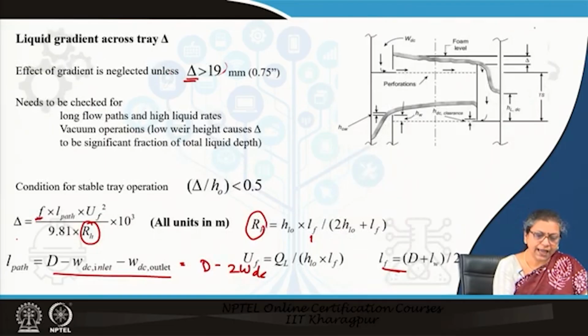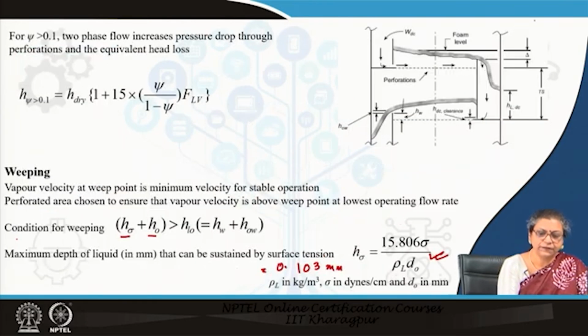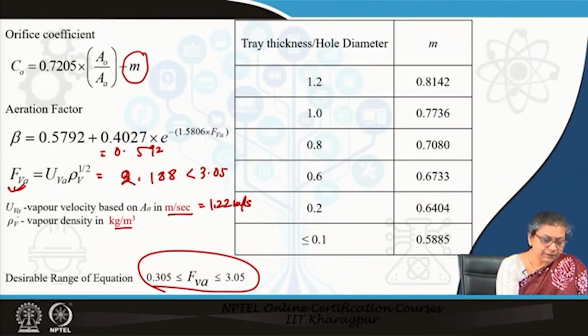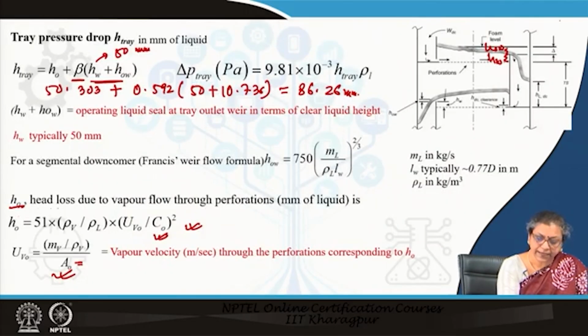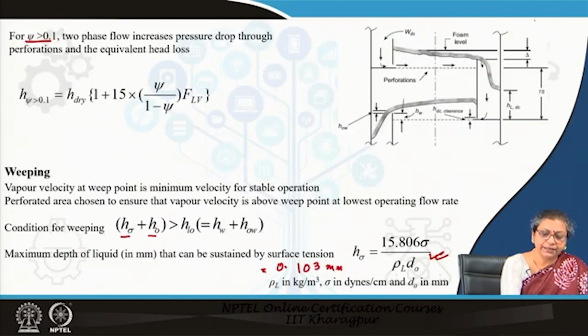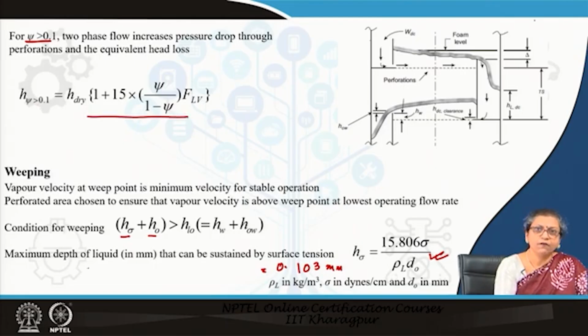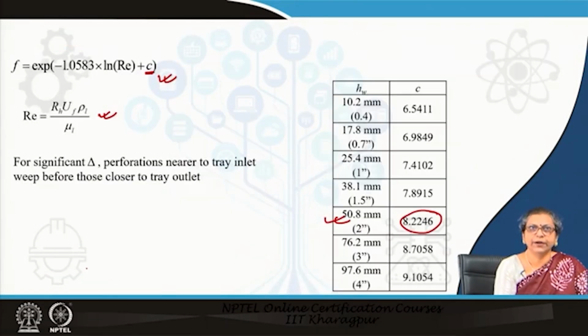One small thing I had missed, I would just like to mention that if your entrainment factor had been greater than 0.1, then in that case the pressure drop which you have calculated, the head loss due to vapor flow, was just for vapor flow, but if the psi is higher, then a liquid vapor mixture would come, and for that case your HO should have been calculated from this formula. For your case, that is not required at all.